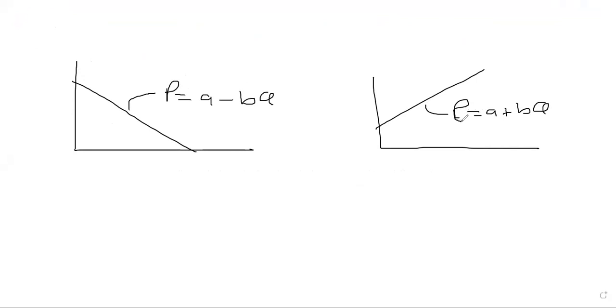So the supply has a positive gradient. The demand has a negative gradient. And our price is on the vertical axis and our quantity comes on the horizontal.